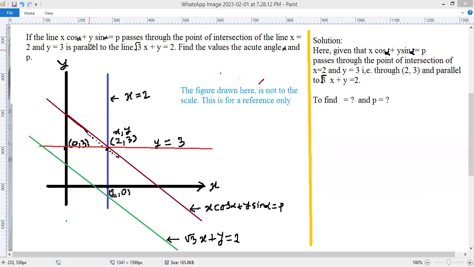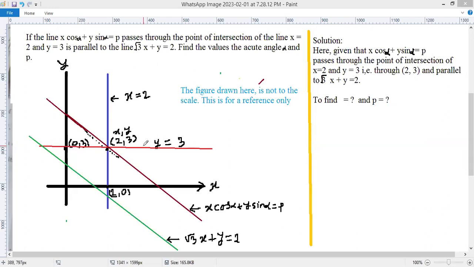According to the question, although this graph is not important for the solution, for a better concept, let's see the situation on the graph first of all. Here is the line x equals 2 in the blue color, and in the red color, horizontally, it passes through the point 0, 3.